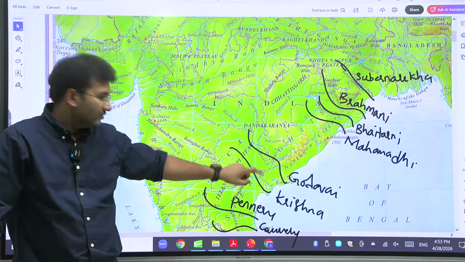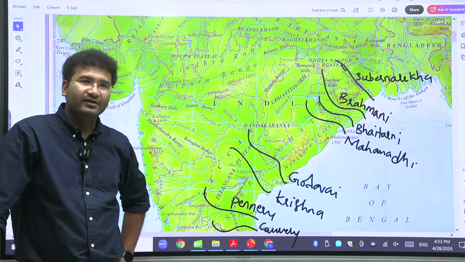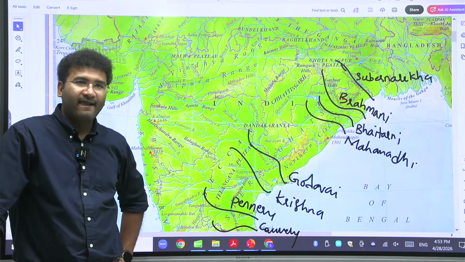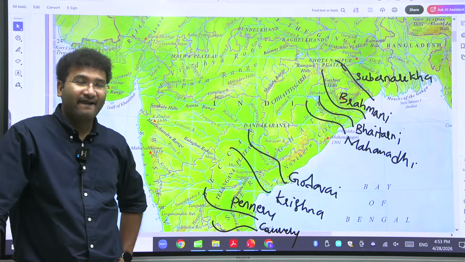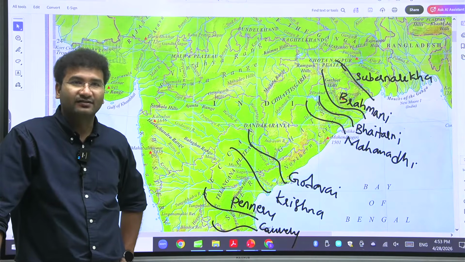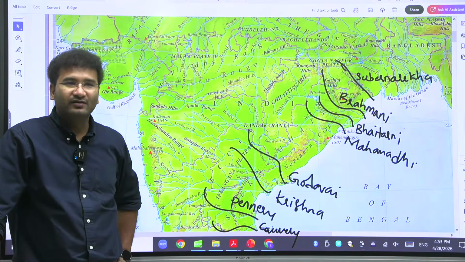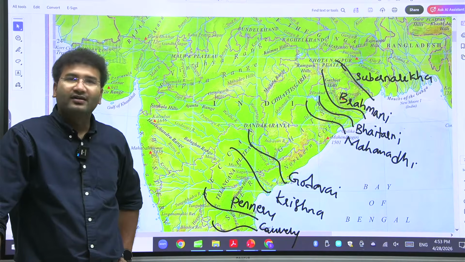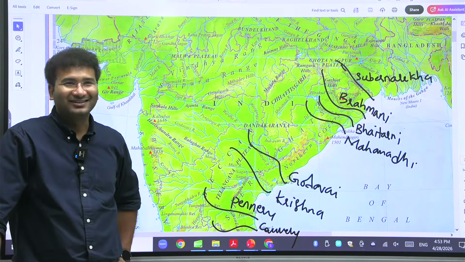Next, Godavari, Krishna. So Kolleru Lake is on which river? Godavari or Krishna? Godavari, not Krishna. Kolleru is a lake located on the river Godavari, not on Krishna. Right? Musi, Krishna.